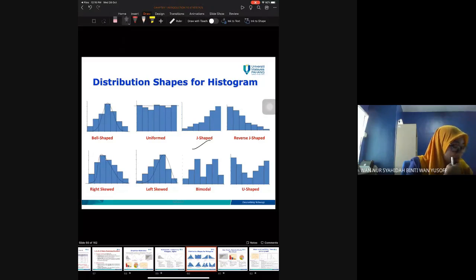Or maybe you can write, for example, that your data looks like bimodal. For bimodal, you should have exactly 2 highest bars at the same height. But maybe the second highest bar is lower or larger than the first one.